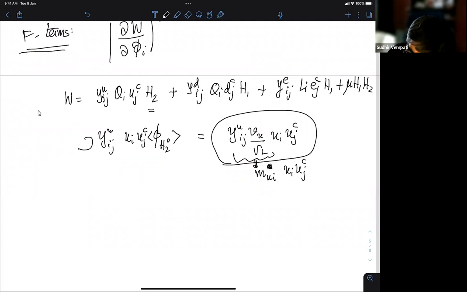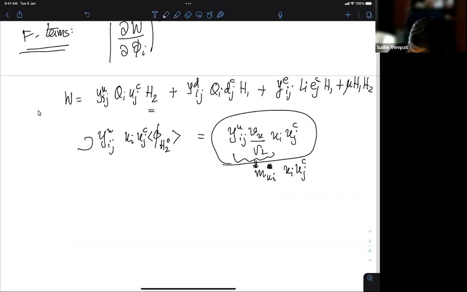Now if you take the F term, ∂W/∂Q_i, this also will contain u_i u_j^c. No, it should not. You will call it an F term, but essentially it's not completely scalar.